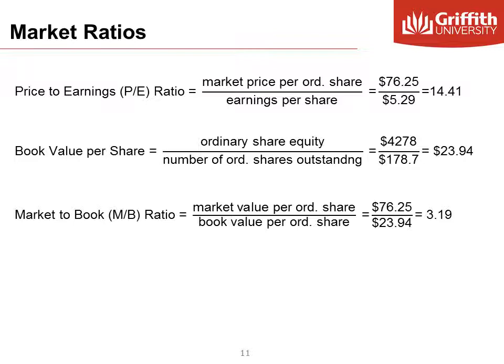We can say that shares carry a multiple of 14.4, or that shares sell for 14 times earnings, or that for every $1 of earnings, investors are willing to pay $14.4. Therefore, a higher PE is desirable because the firm has significant prospects for future growth if the investors are willing to pay that much.